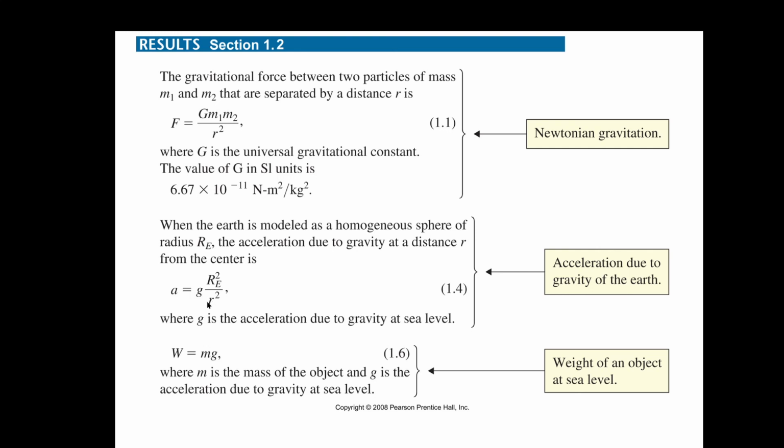If you had an object, let's say a satellite, off of the surface, this number would increase, so the acceleration toward the Earth would decrease. Eventually, as you get further and further from the center of the Earth, this term just takes over and this term becomes zero, and there's essentially no weight or attraction toward the center.